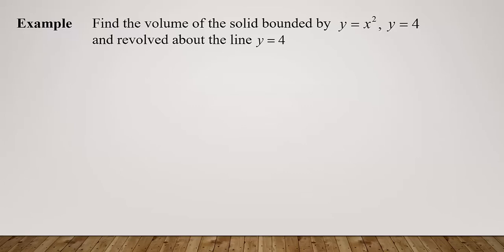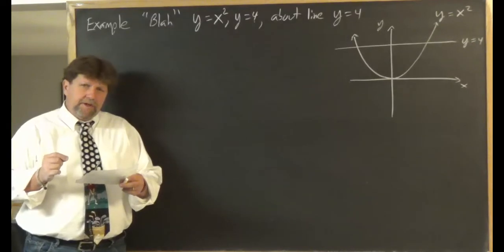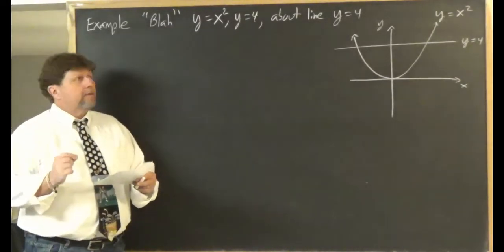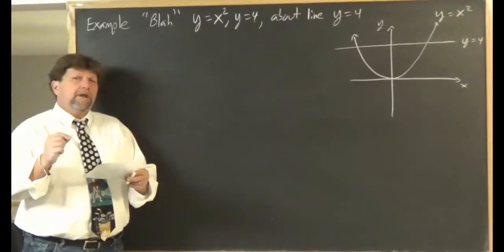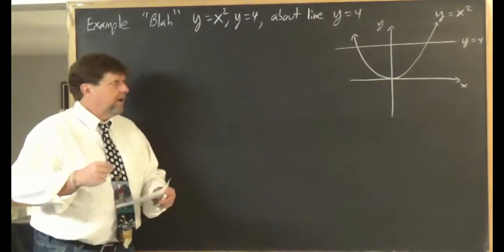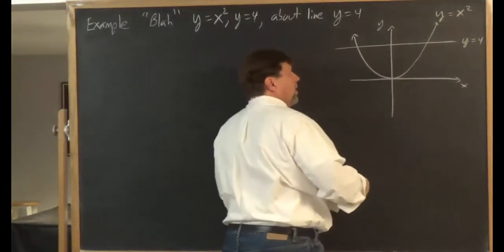So, I'm going to head off to the chalkboard to work through this example. All right, this example, find the volume of the region bounded by y equals x squared, y equals 4. And we're going to take that region and revolve it about the line y equals 4. So here's the graph of x squared. Here's y equals 4.